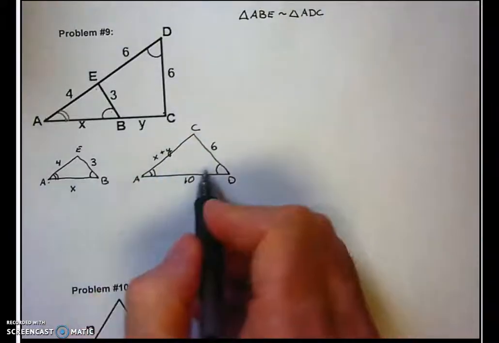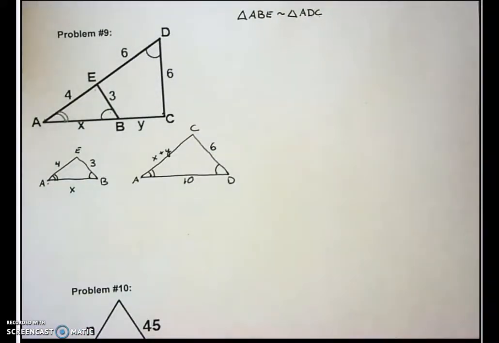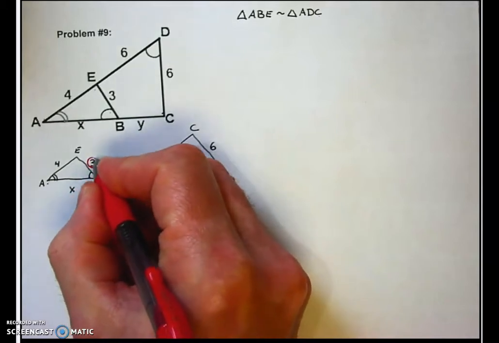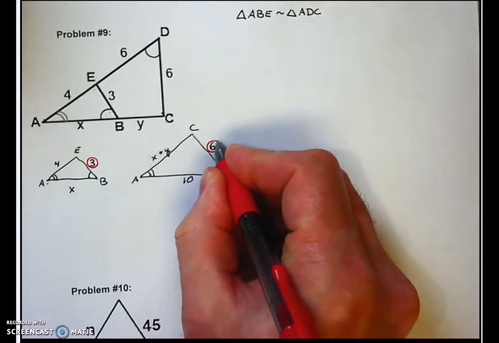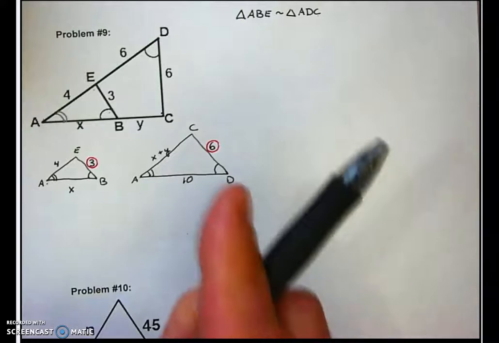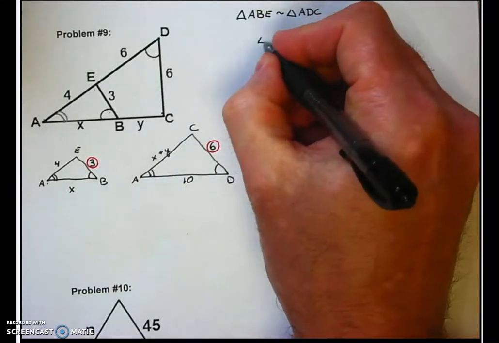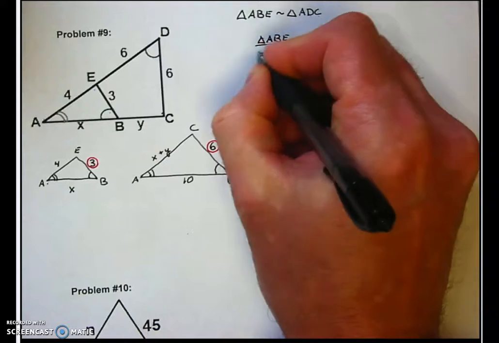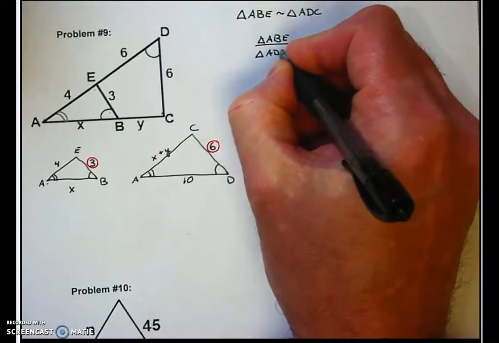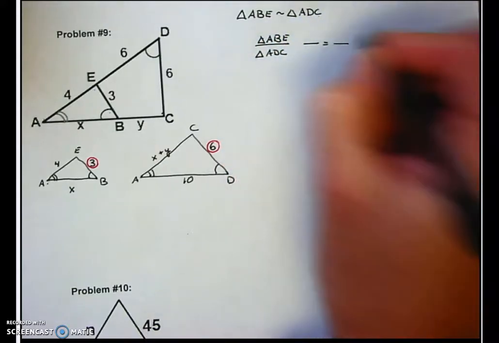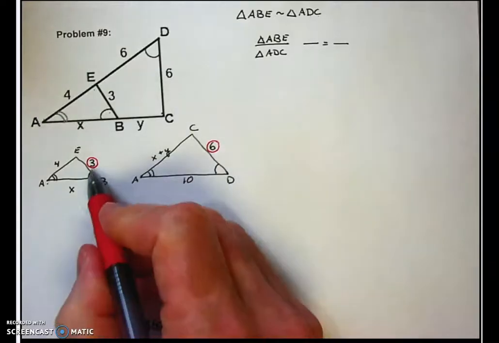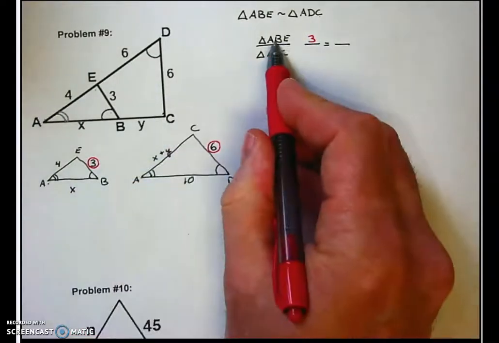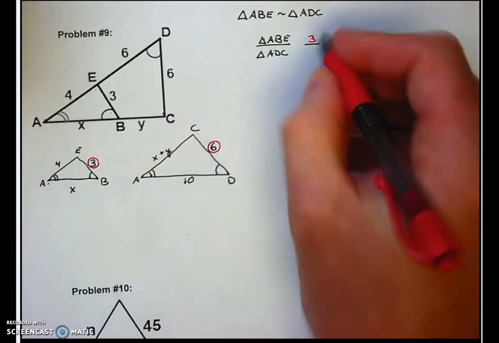Looking at these 2 triangles, the corresponding sides that I'm most interested in are these 2 because they deal with actual numbers, no variables. So if I set up a ratio of my triangle similarity statement, ABE on the top, ADC on the bottom, I can now fill in a proportion. 3, which is EB, goes with CD, which is 6.